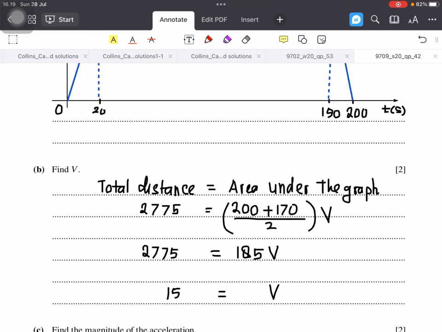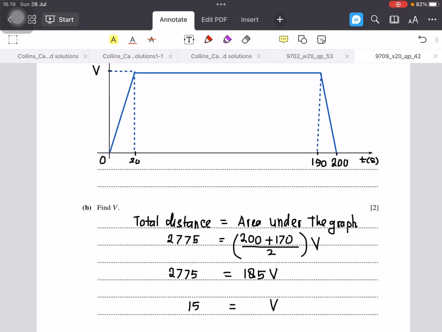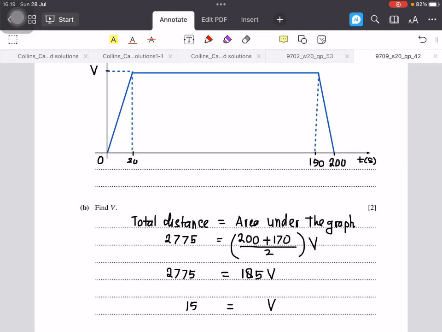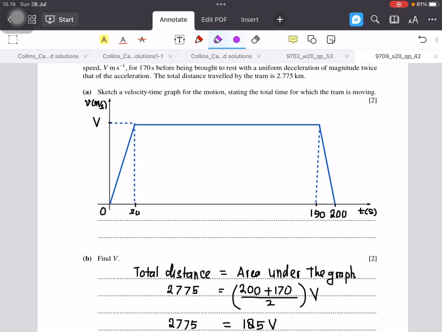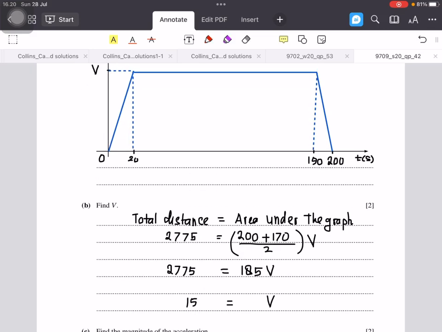For part B, we are asked to find v. We are going to use total distance is equal to the area under the graph. The total distance traveled by the tram is 2.775 km, so we convert into meters, it will be 2775 meters.